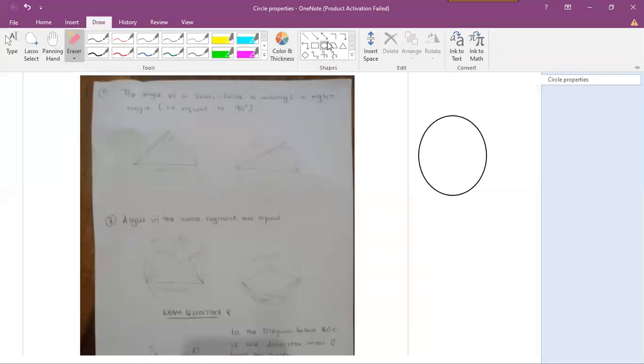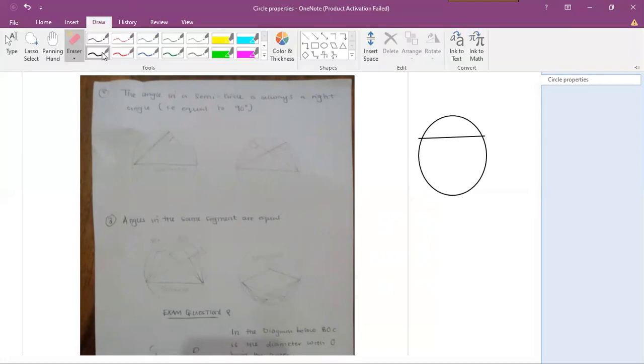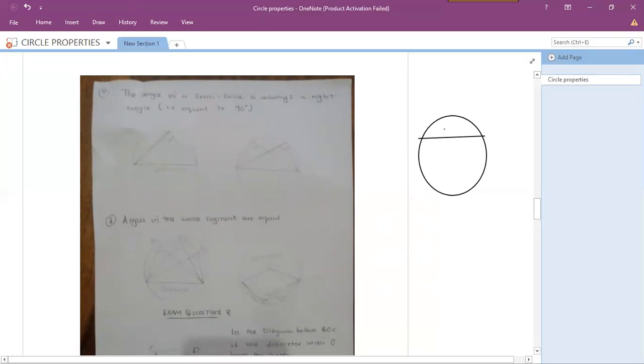So if you have a chord like that, remember a chord connects two external points and doesn't necessarily pass through the center. So we've drawn our chord there. This small chord here, you see this is a chord and that's an arc. That's a chord and this whole thing also is an arc.